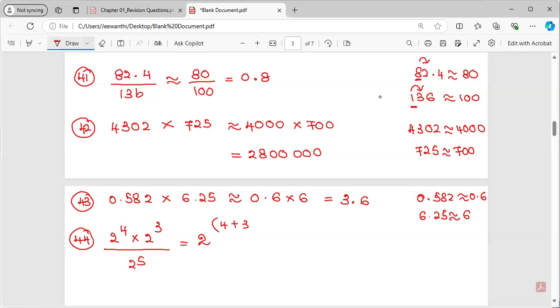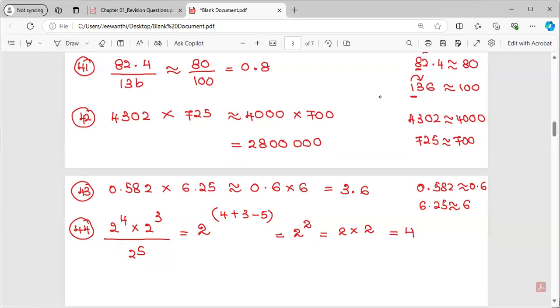But 2 to the power of 5, that index 5, I can write it as subtract 5 because it is a division. Then 4 plus 3, 7. 7 minus 5, 2. 2 to the power of 2. The answer is 2 times 2. Then the final answer should be 4 because in the question, they have asked us to write the value.